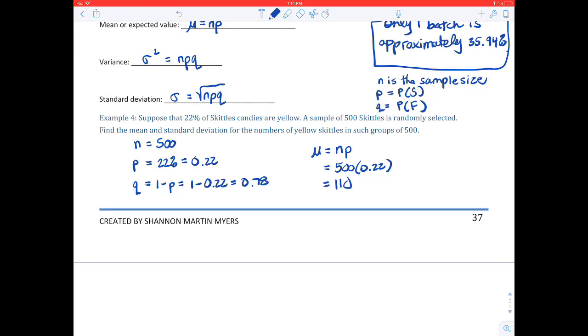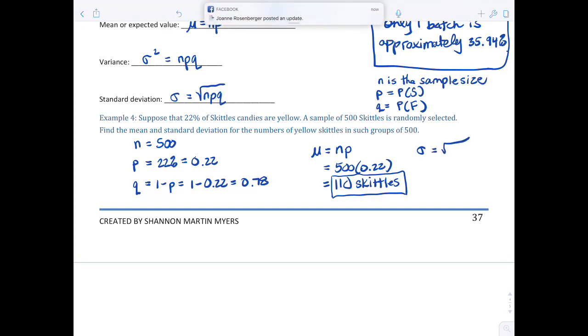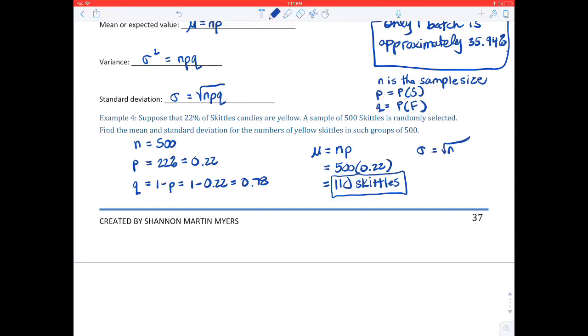And so how do we interpret that? We'd expect to see, good, 110 Skittles out of the 500. All right, so the standard deviation is the square root of n times p times q.